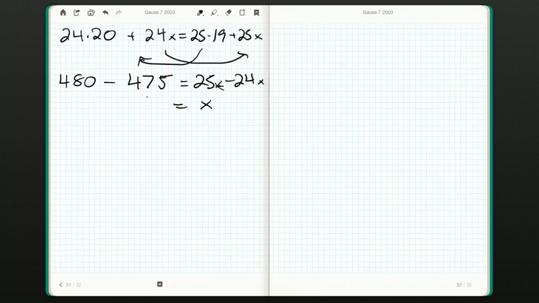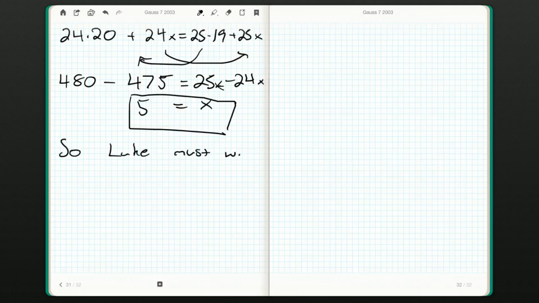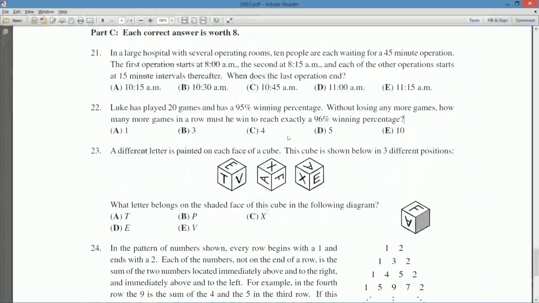And 480 minus 475, that's just 5. So Luke's got to win 5 games in a row in order to get that 96% win percentage. And 5 was one of our answers. It's D.